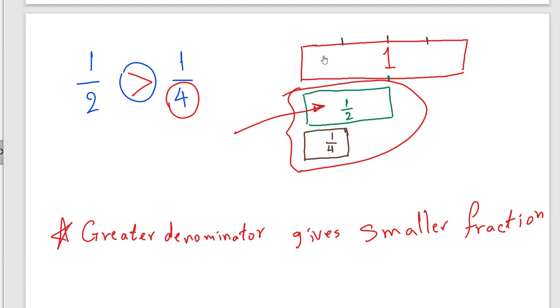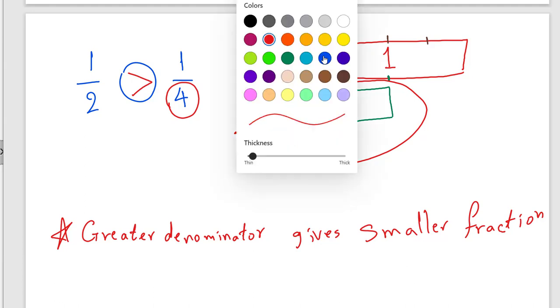Or simply, as he said, because the numerator is the same, we look down and the big gives small and the small gives big.